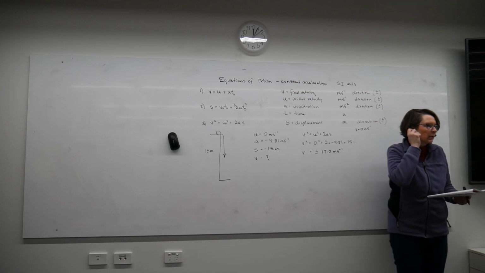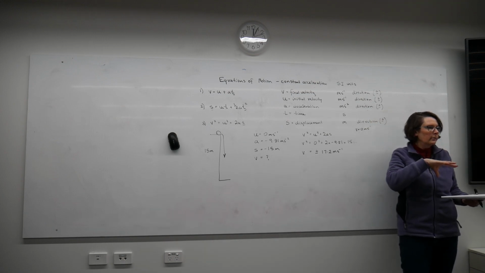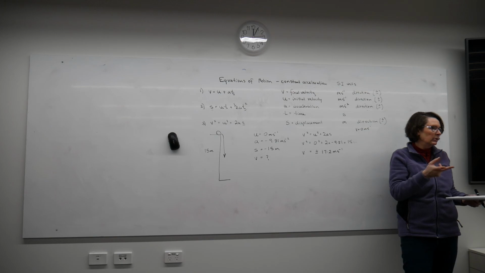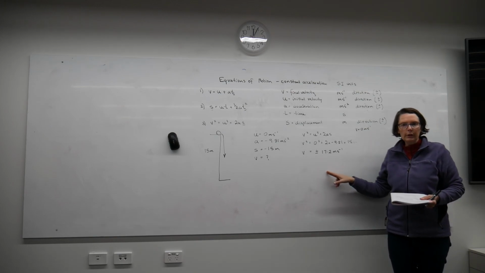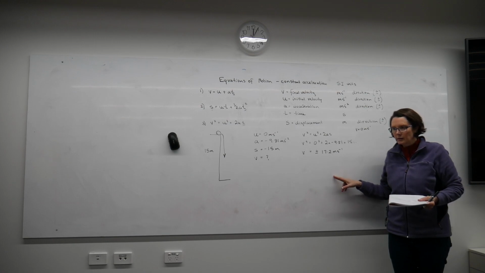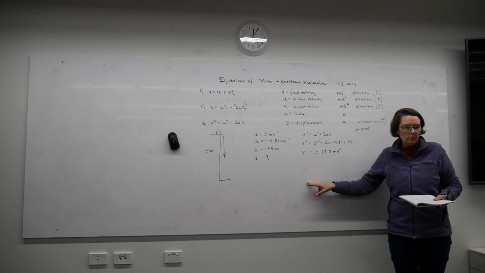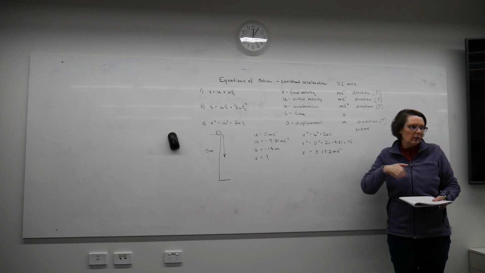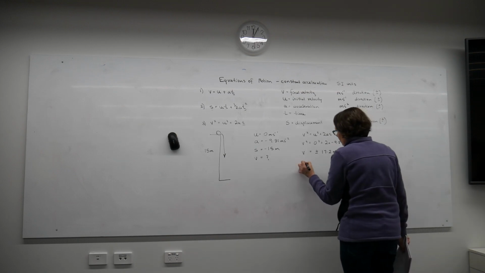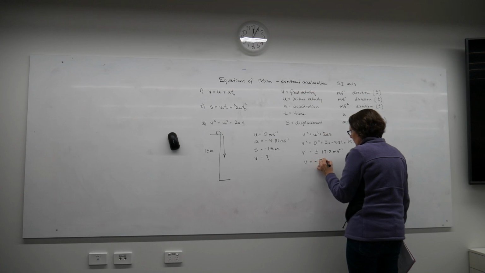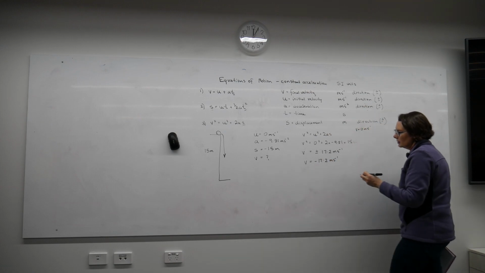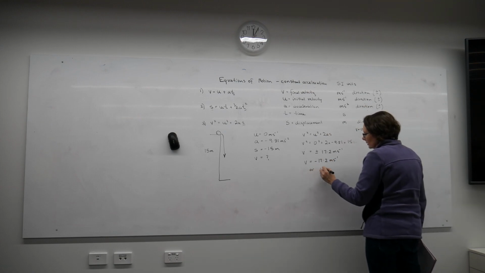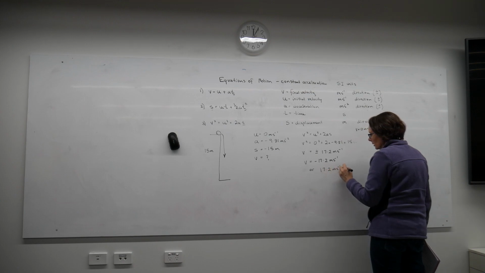If I find the answer from square rooting, there are two possible answers, aren't there? The positive and the negative one. So now I have to look at that and think, well, which one makes sense? It's moving down towards the ground, so it's going to have to be a negative velocity. So it's either negative 17.2 meters per second, or I could say 17.2 meters per second downwards.